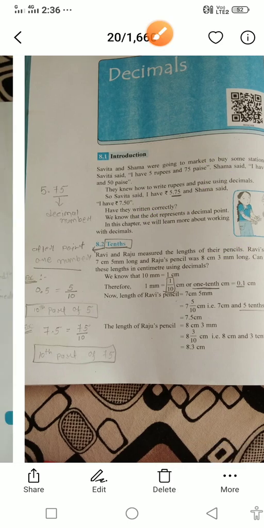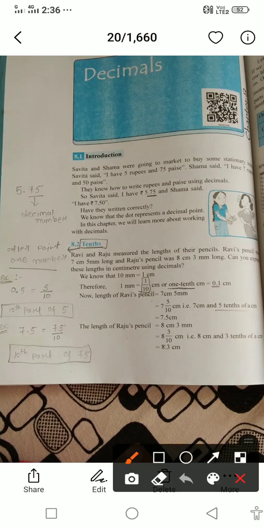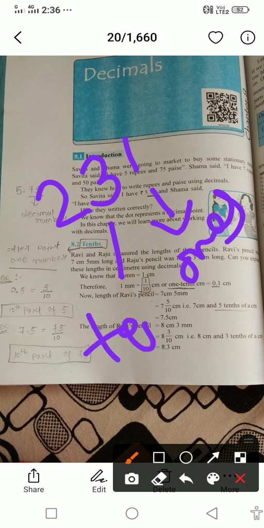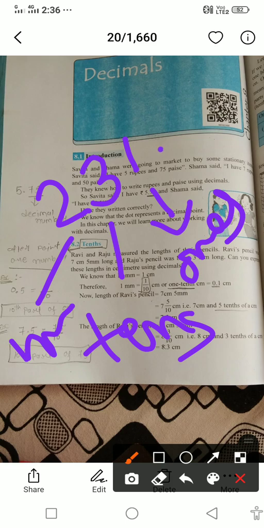If we write a number like 231, we have place value and face value, two types of value. This is ones, this is tens, and this is hundreds. But after the point, suppose it's 5, that is called tenths.